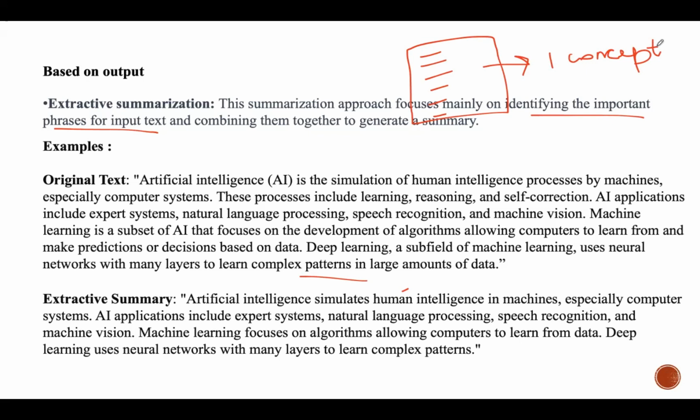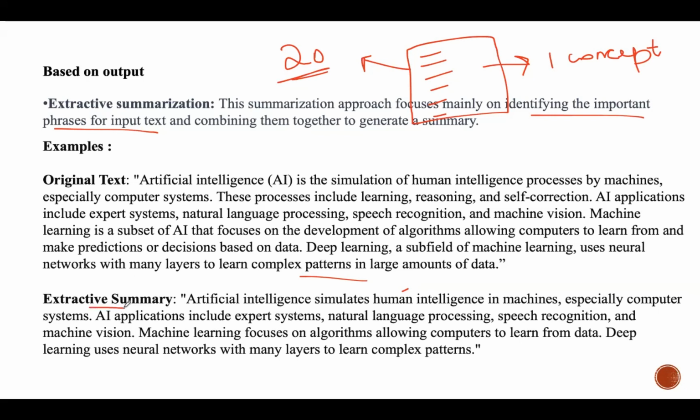Some students may prepare all these 30 sentences. When I ask you to prepare this concept, some students may prepare 20 sentences. They'll extract 20 important sentences from this document and write that as an answer in the exam. So that is the example for extractive summary.